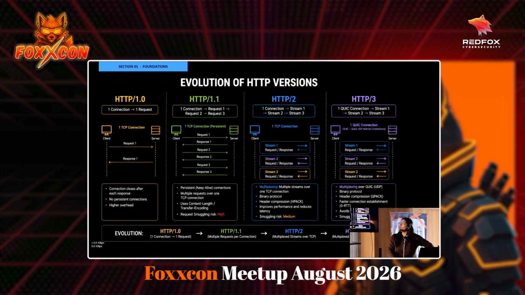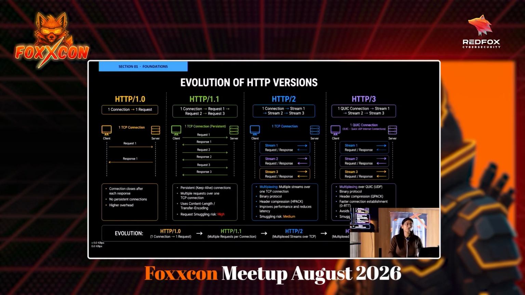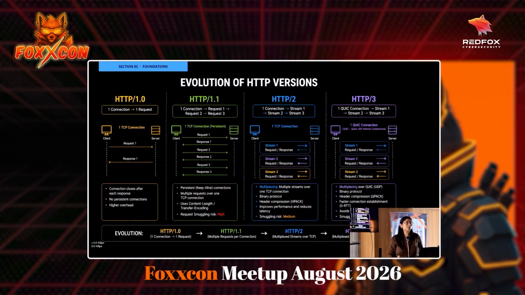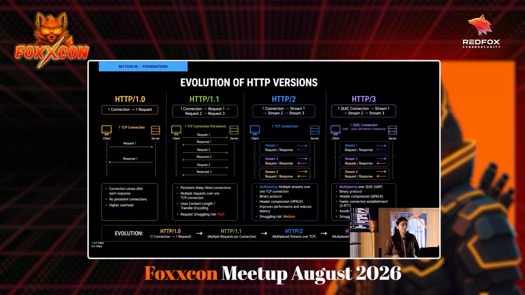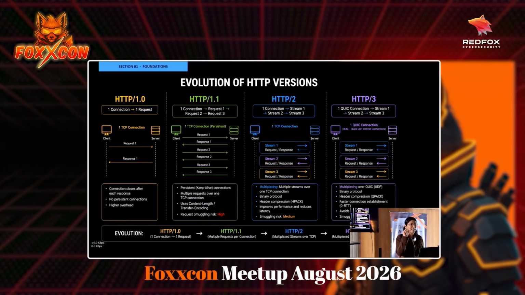To overcome that, we have HTTP 2, where the connection is the same, but for each request and response there will be a different stream. So you cannot smuggle requests. That is not possible in HTTP 2 and 3 because both are based on streams. One request and response will be in one stream.